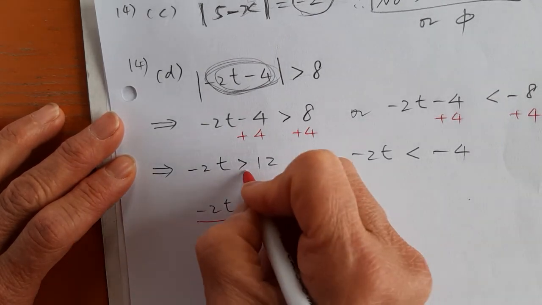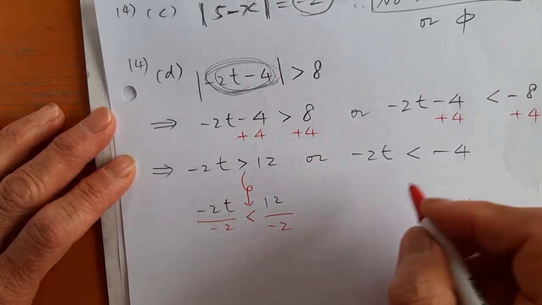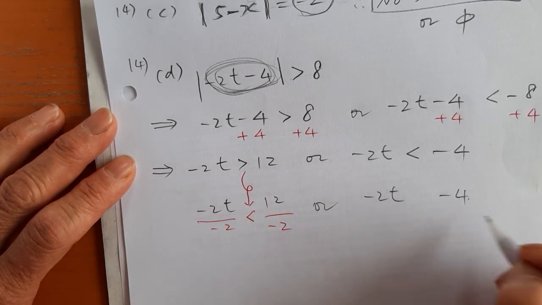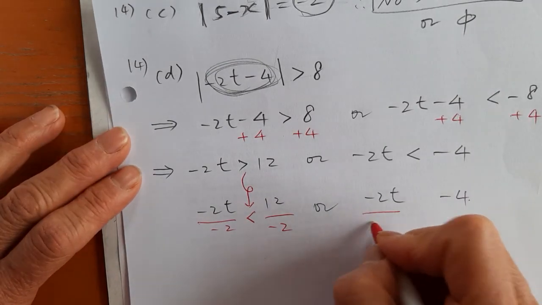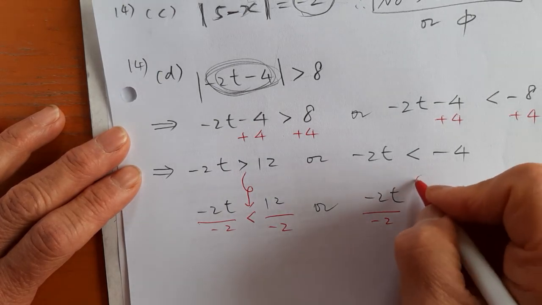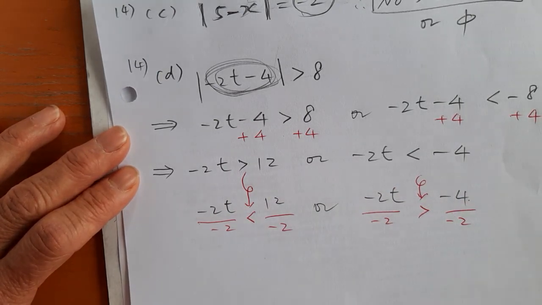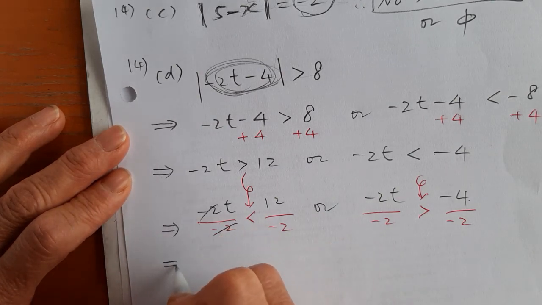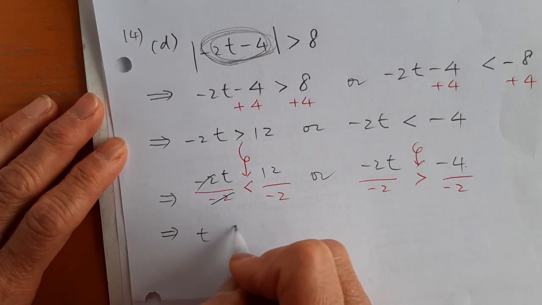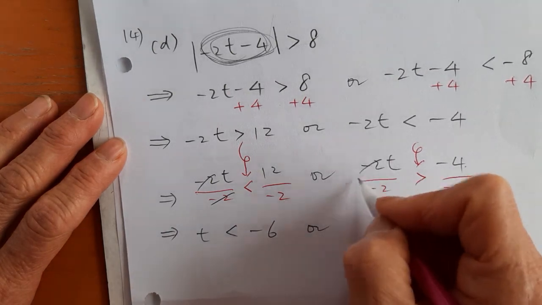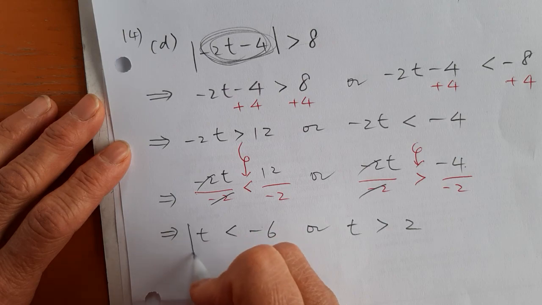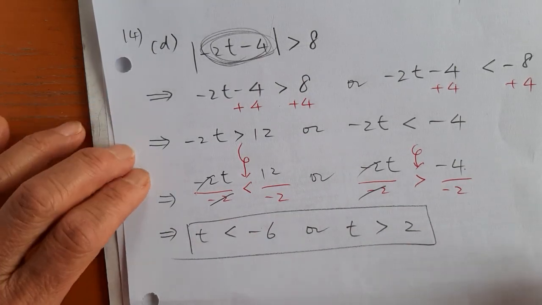Greater than, you have to change to less than. Or -2t, -4, you divide both sides by -2. This less than, you have to change to greater than. Then -2 cancels. So you get t less than -6, or t greater than 2. That's the solution.